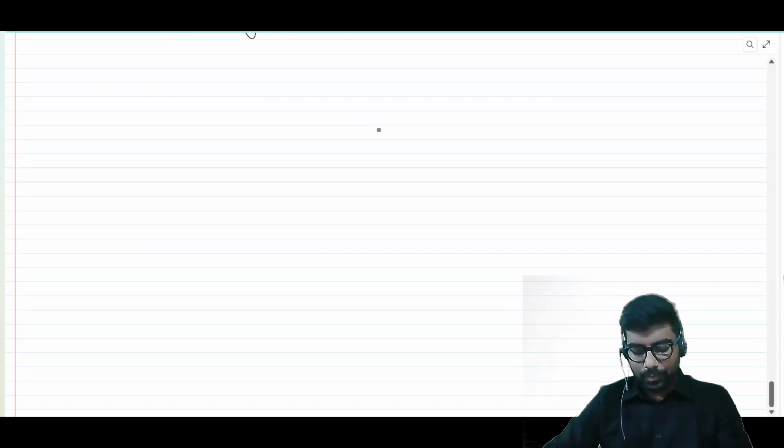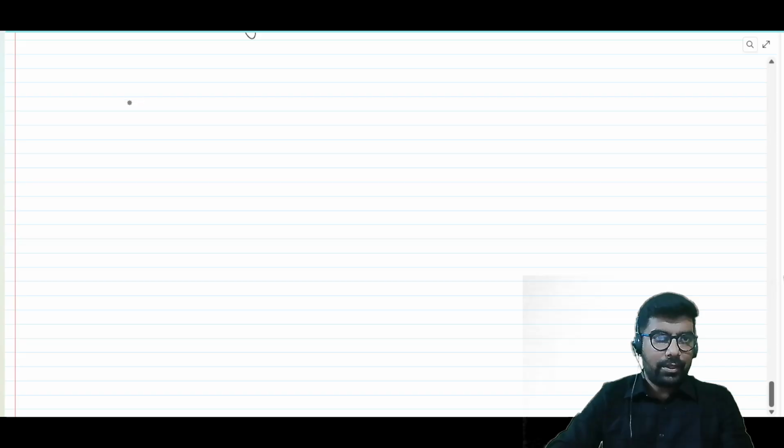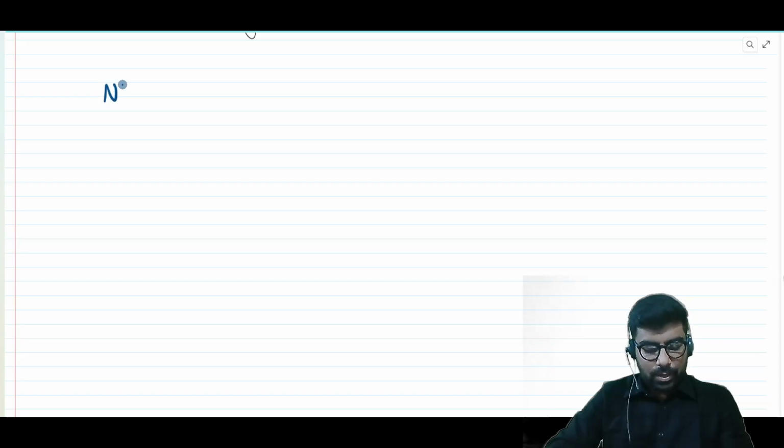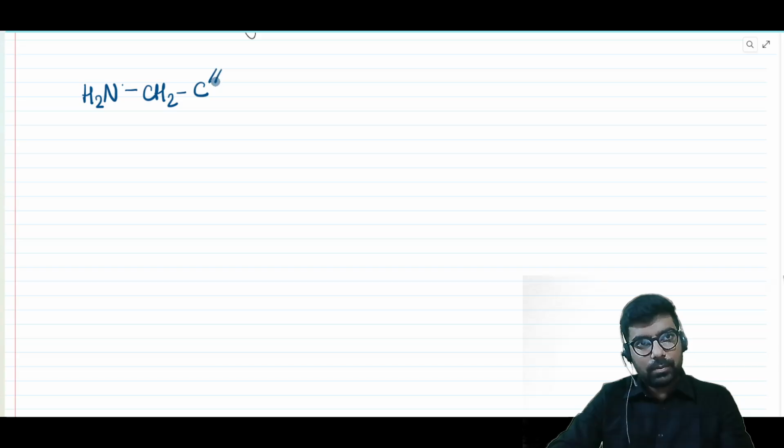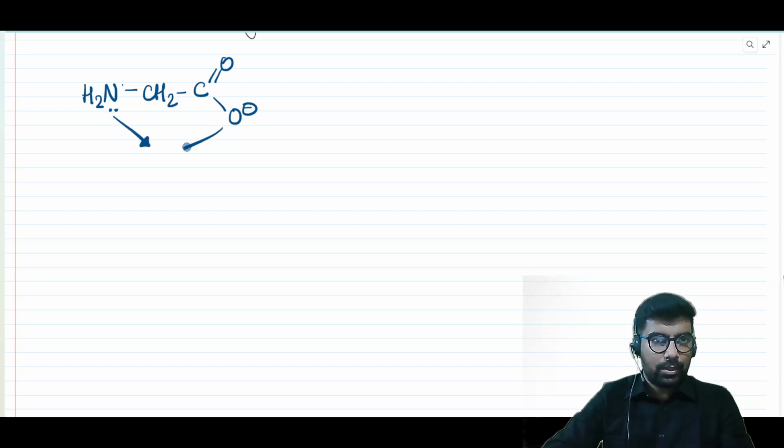Then moving on, we have a ligand that looks like this: NH2 CH2 C double bond O, O minus. Again it has two binding sites. One is the lone pair of nitrogen, another is the O minus of oxygen.